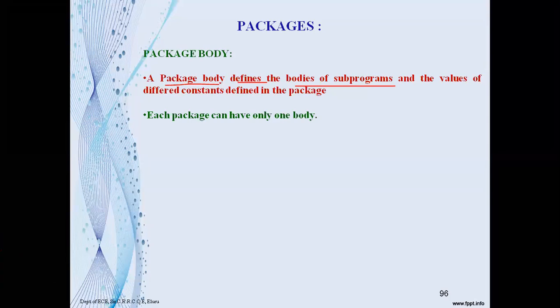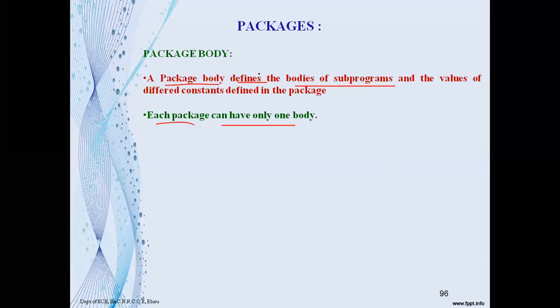Each package can have only one body. Multiple package bodies are not allowed here. As far as VHDL is concerned, an entity can have multiple architectures, isn't it? It must have a minimum of one architecture.